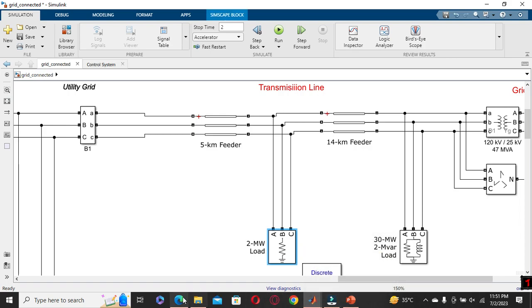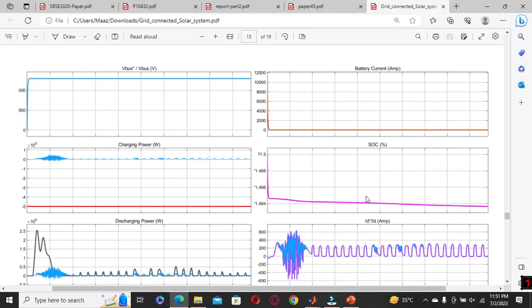What will it do? It will cause a change in frequency in the system. So it will be in discharging state, like you can say it is 71.5, then it will reduce to 71.494. It is reducing in this way.